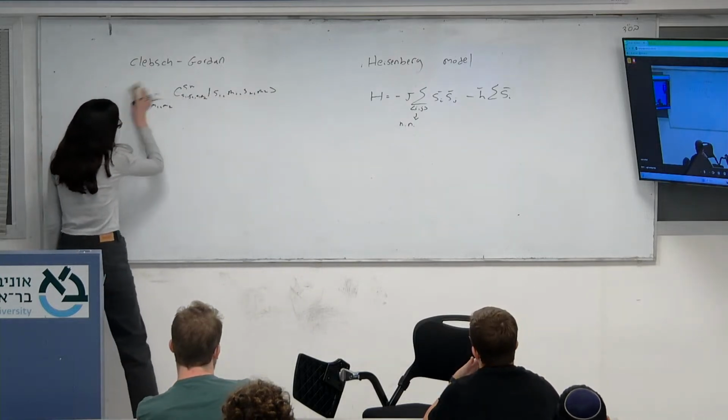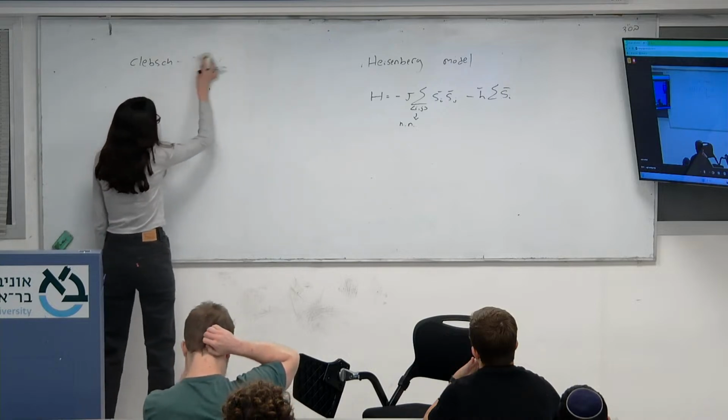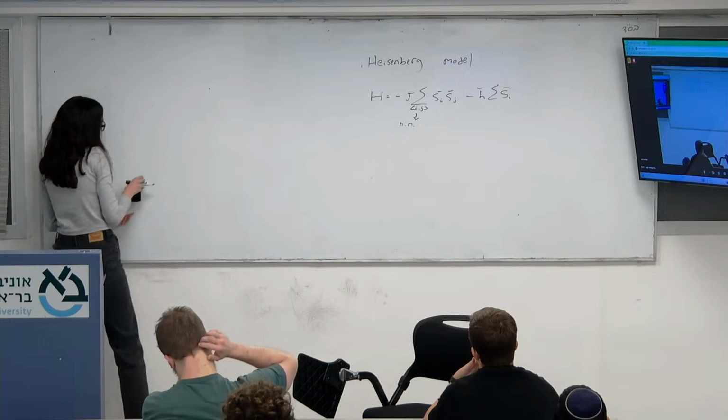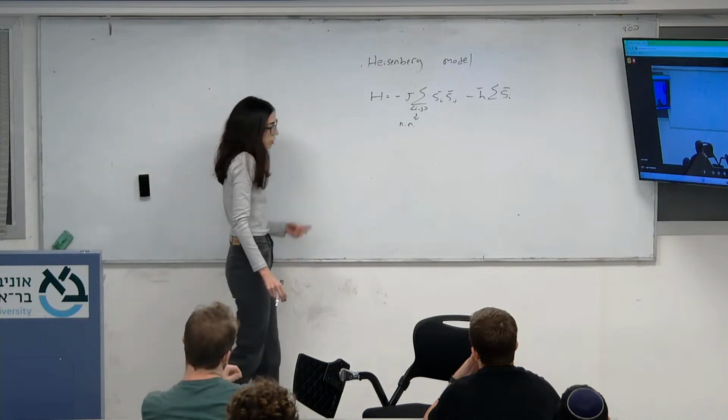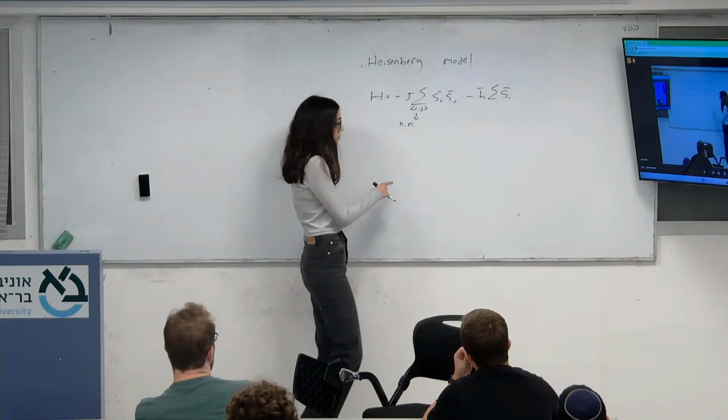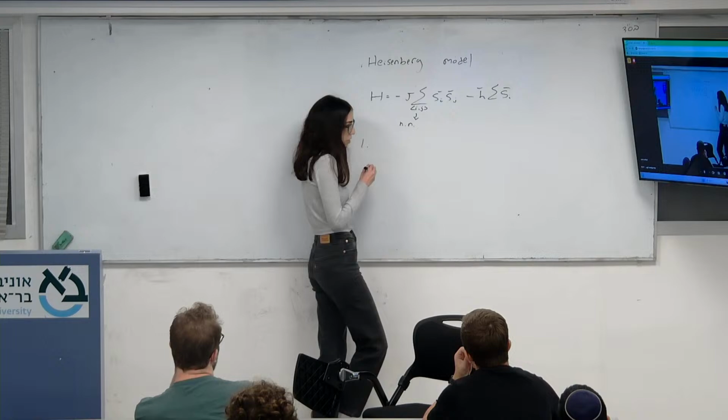So in general, we can have two options for the type of interaction.